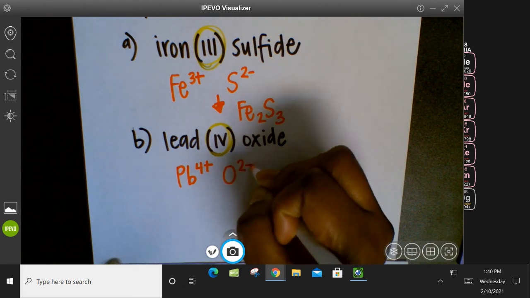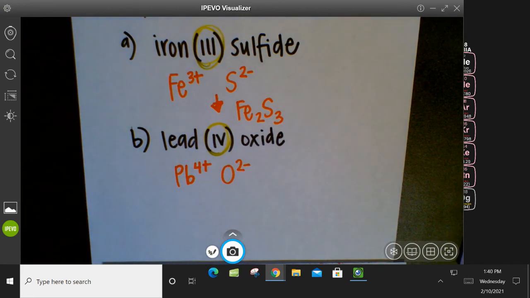O2 negative. All right. And then once again, we're just going to use the crisscross method to write the formula for lead 4 oxide. And I want this simplified. So what would the answer be?